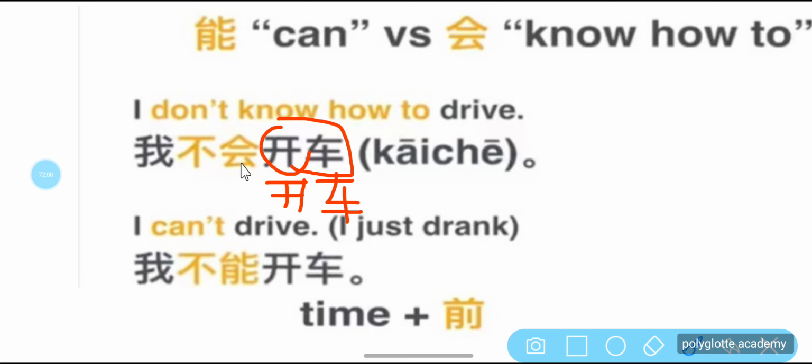So we have Kai, which means to open, to start. It means to open.